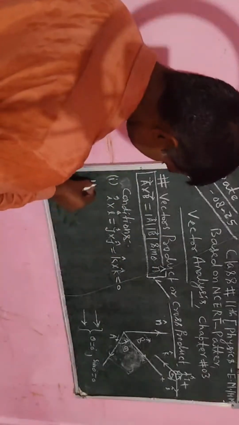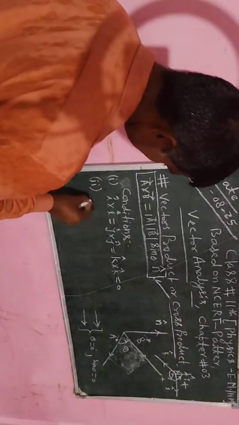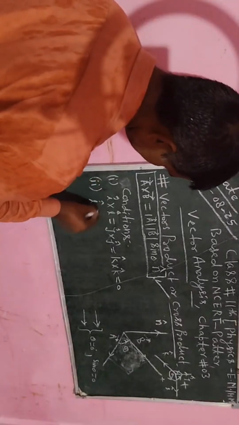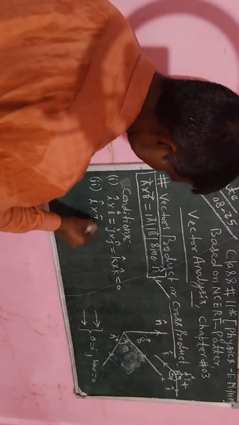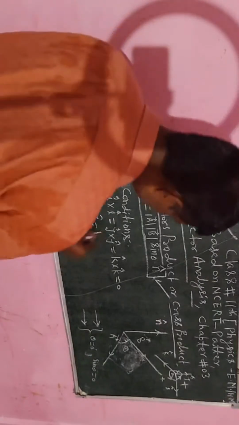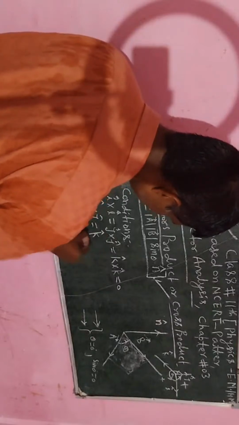So second condition: I am also going to say one vector, I cross vector j, so its direction will be k. So here I will write its direction will be vector k.